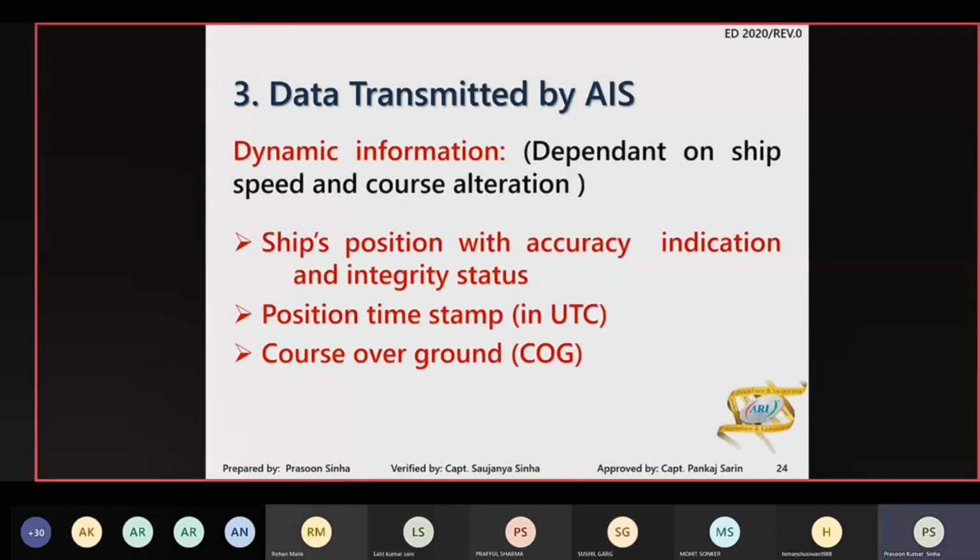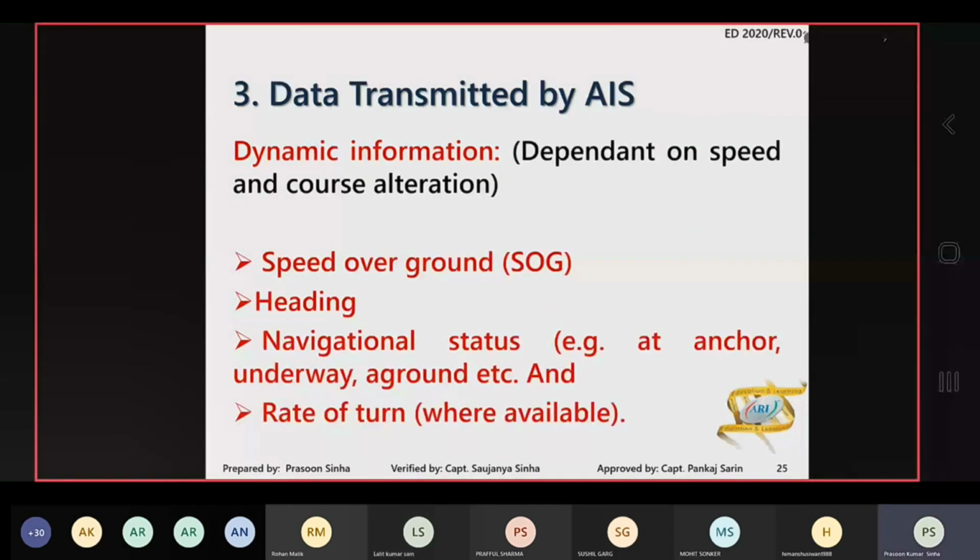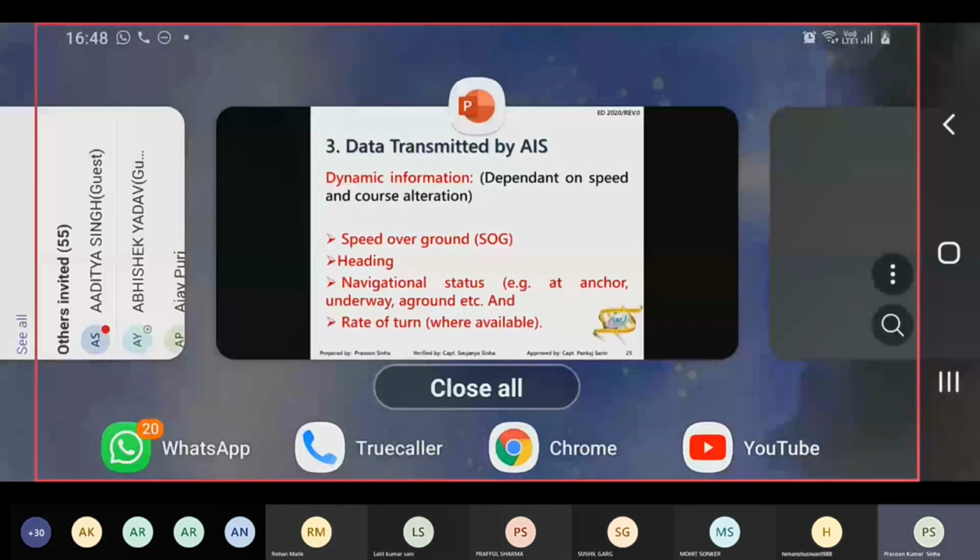We will talk about the dynamic data, voice related data, and the short safety message in a little more detail later, when we are coming to the last of the topic. Okay, by the way, did we do the types of data transmitted?